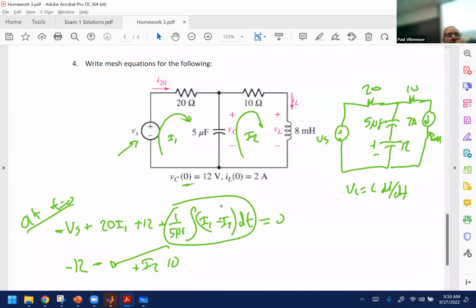But don't we also have a current with it? So how do we treat that initial current? We have this 2 amp over here, right? So how would you model that? Any thoughts?